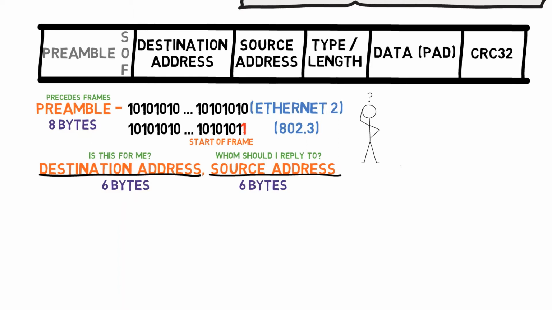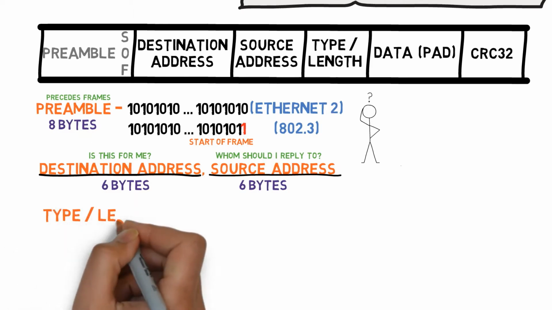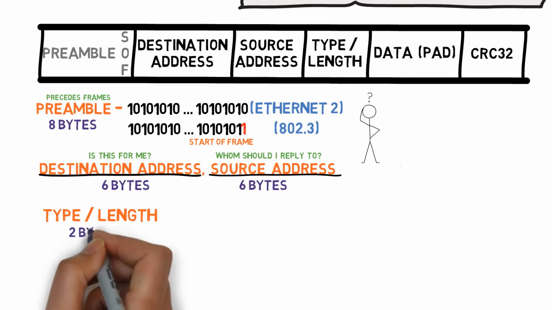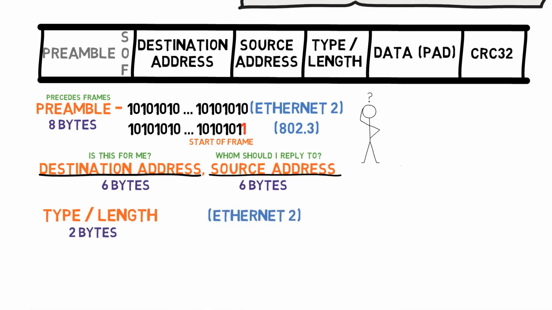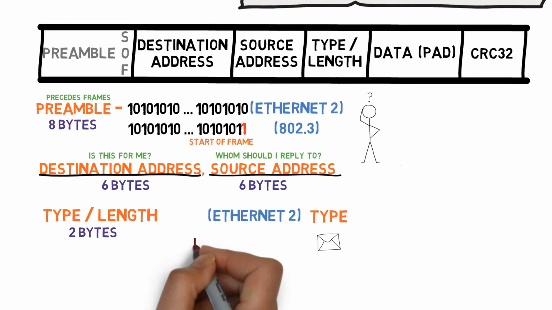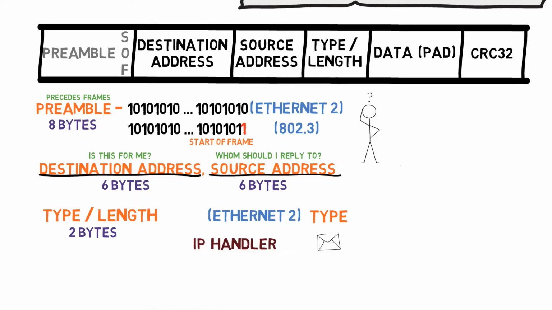Next comes a quite problematic field, called the type or length field. In Ethernet 2, this field is called type, and it tells the receiver what payload this frame carries. For instance, if this frame carries an IP layer, then the receiving network card should forward the frame's payload to the IP handler.